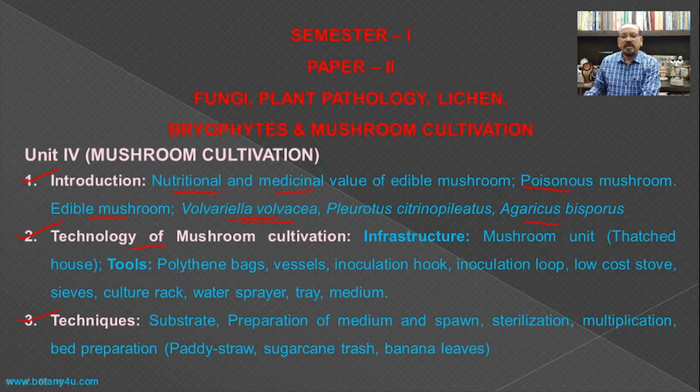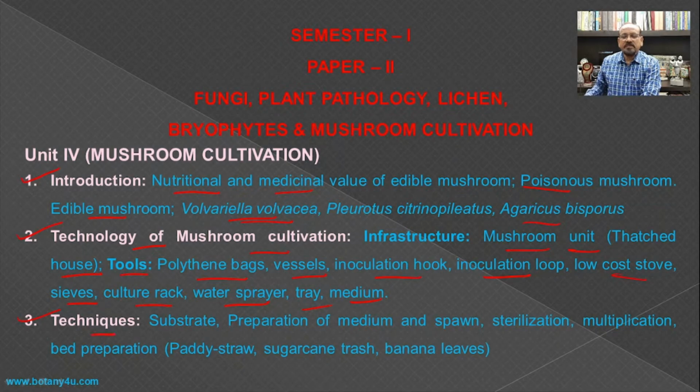The second topic, the technology of mushroom cultivation, includes the infrastructure, that is the mushroom unit, the thatched house. Then tools include polythene bags, vessels, inoculation hook, inoculation loop, low cost stove, sieve, culture racks, water sprayer, tray, and the medium. These are the different tools which are used in mushroom cultivation.